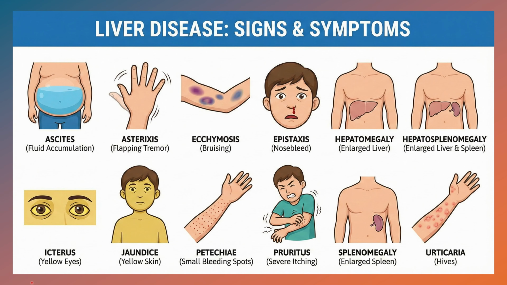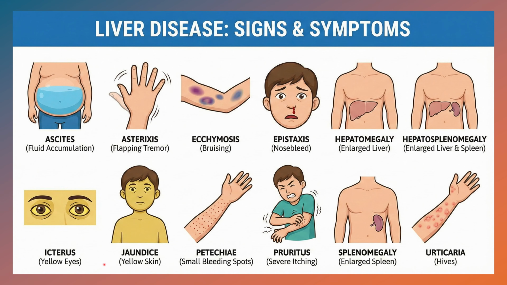Icterus is another term for jaundice, yellowing of the sclera, the white part of the eye, and yellow skin, from bilirubin buildup.